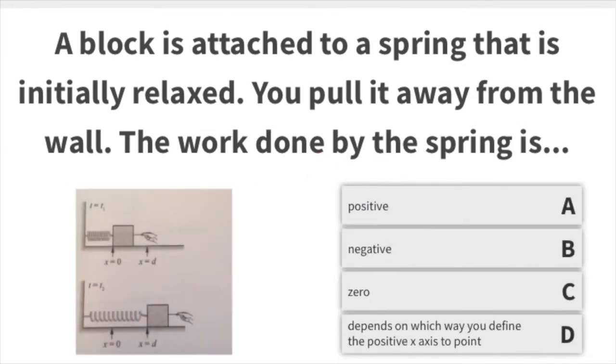Now let's look at the work done by the spring. There's going to be some sort of force from the spring on the block. Same motion: the spring starts relaxed, and you pull it this way. So during that motion, is the work done by the spring positive, negative, 0, or does it depend on which way you define the positive x-axis to point?